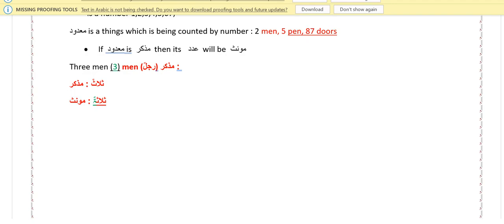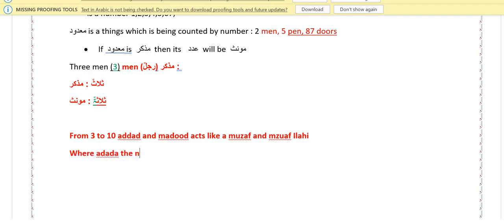Second rule: from 3 to 10, adad and madud act like a muzaf and muzaf ilayhi, where the adad, the number, becomes muzaf and the madud becomes muzaf ilayh.